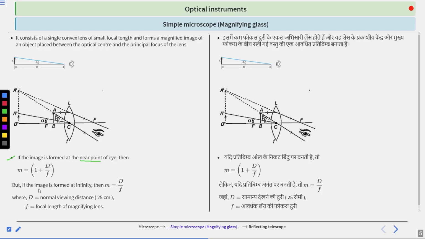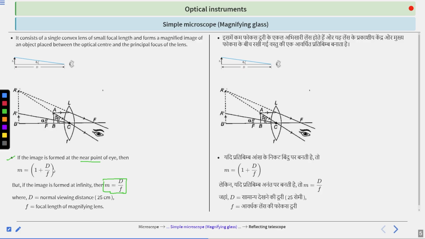And second case, if the image is formed at infinity, then magnification is equal to D by f. Listen carefully, there are 2 points and both are important. First, if the image is formed at the near point, m is equal to 1 plus D by f. But if the image is formed at infinity, m is equal to D by f. Both the formulas are important.